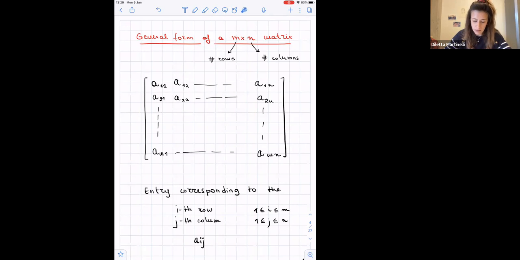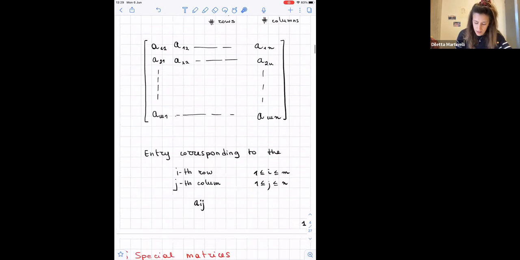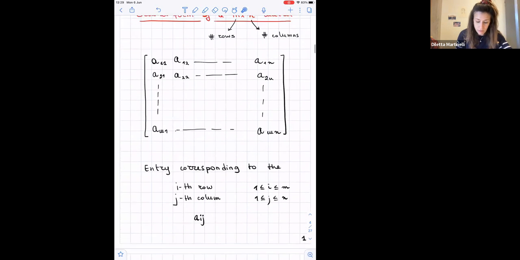The first index refers to the row and the second index refers to the column. So the entry in the ith row and jth column is what we call a_ij. And this is the general form of a matrix.